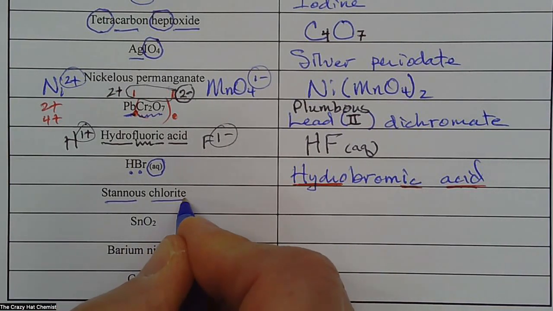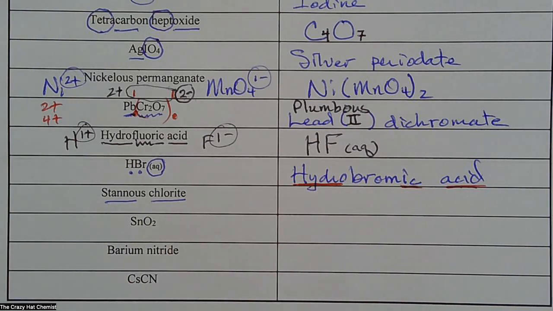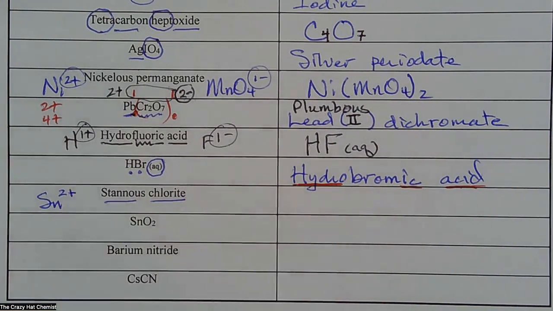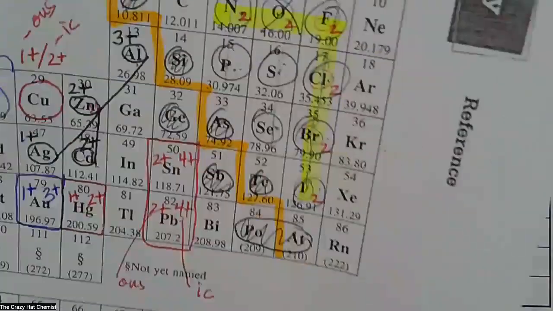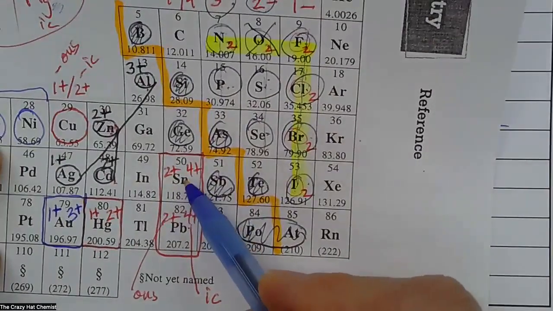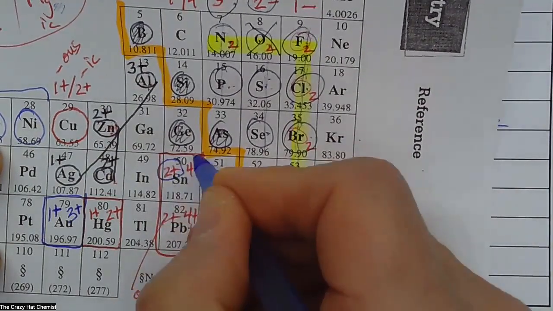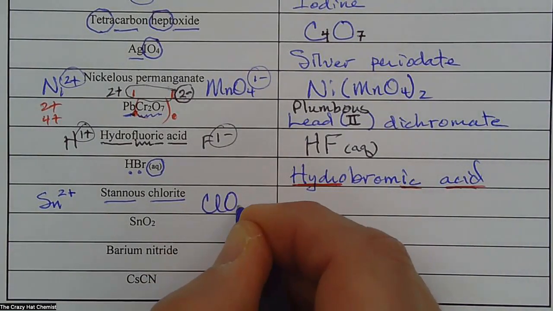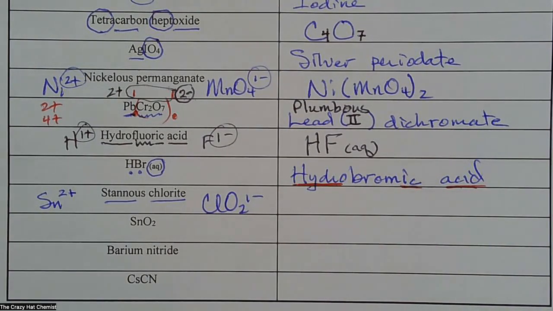It's stannous chlorite. Stannous is tin, that's Sn2+. Remember, this is a periodic trend charge here. I have stannous as a 2+, stannic as a 4+. So those are my two tins. And then chlorite is ClO2 1-.